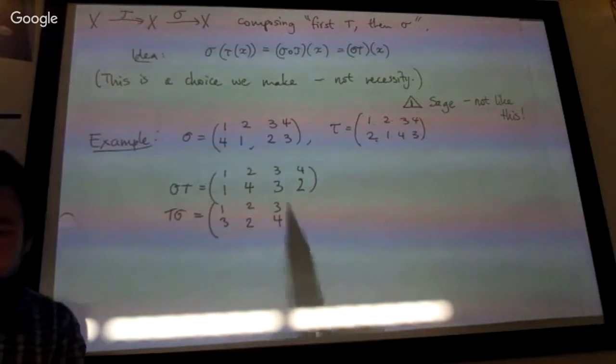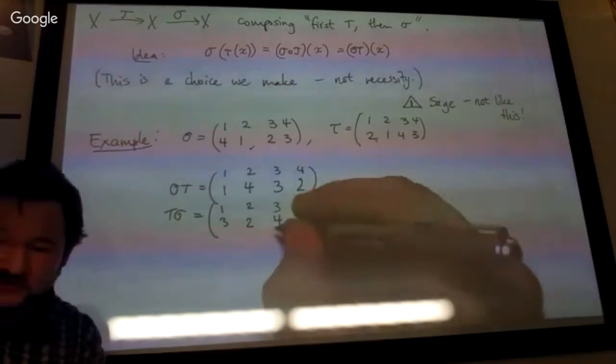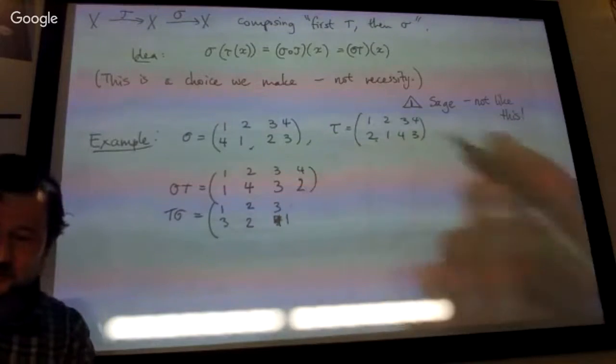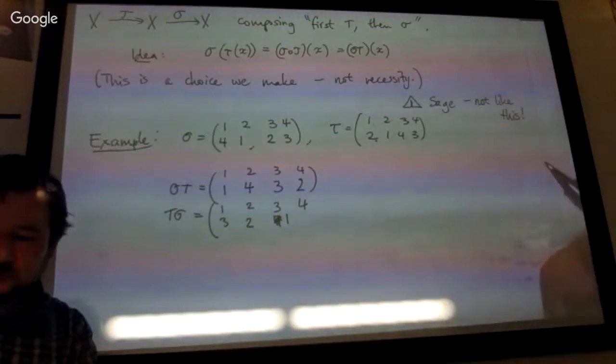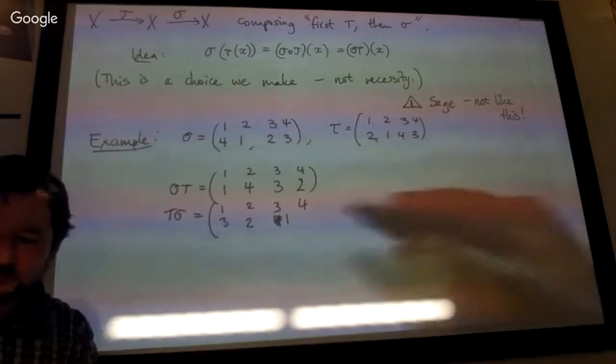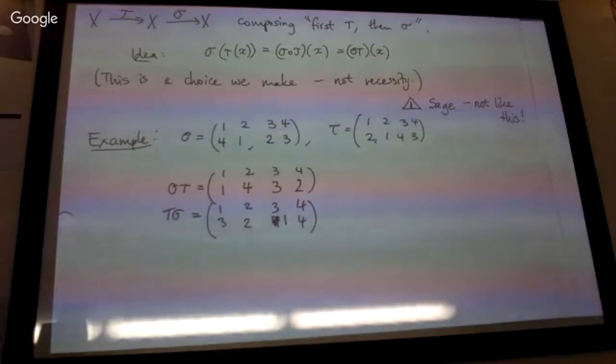So let's just check. 4 goes to 3. No. What have I done? 3 goes to 1, yes. 3 goes to 2 goes to 1, and 4 goes to itself. 3 goes to 4. Yes. Okay, so this is how it works.